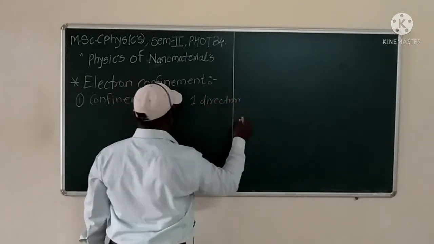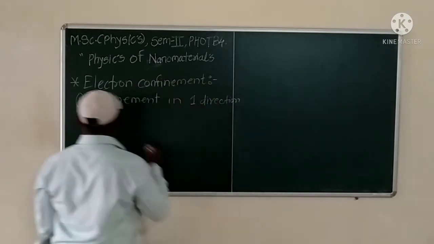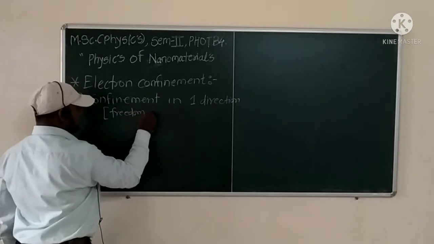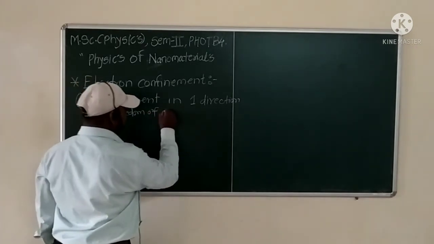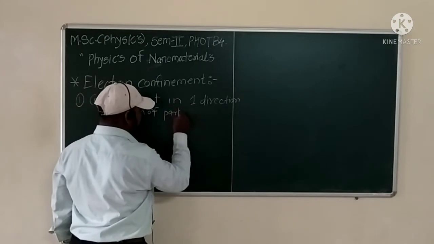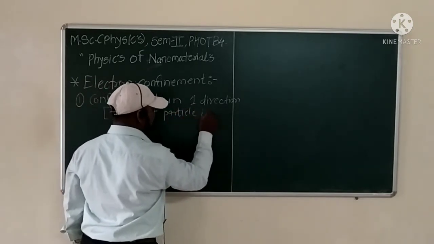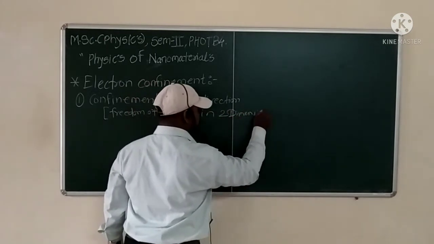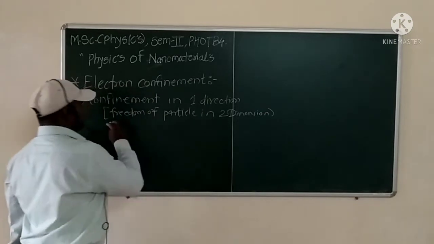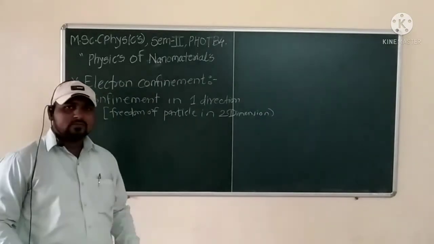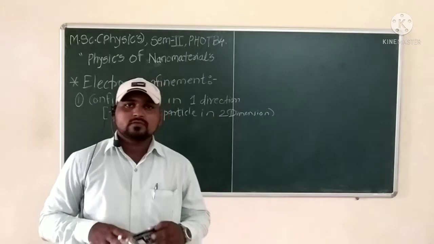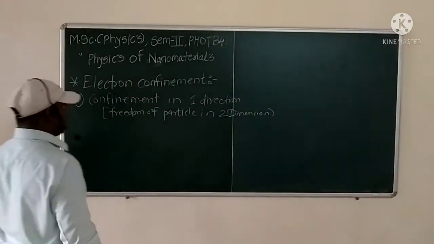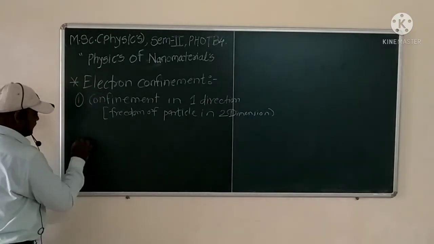This means freedom of the particle in two dimensions. If the confinement is in one direction, there is restriction in only one direction, then for that particle there is freedom in two dimensions, or you can move in two dimensions.